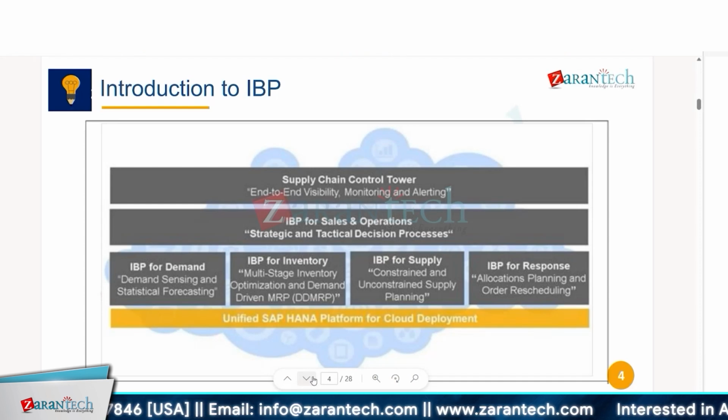If you have a good tool like IBP or any other tool like SAP APO, the system or the tool will have its own algorithms. When I say algorithms, they are basically the analytics formulas built into the tool, which do the simulation at the back end.